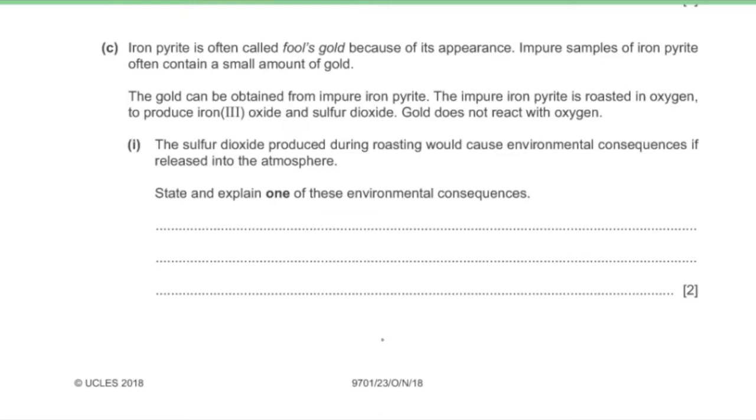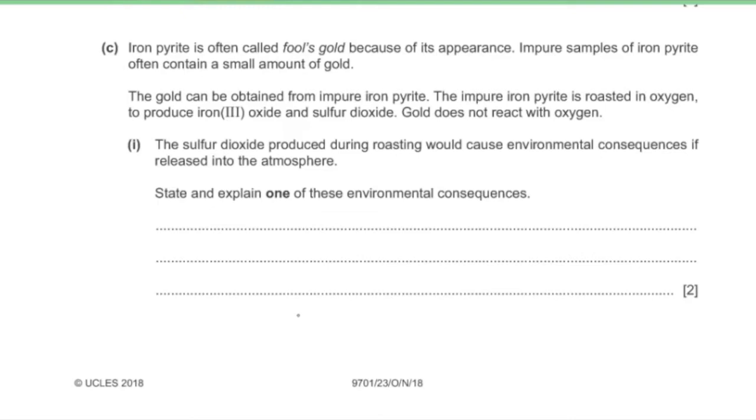So this sulfur dioxide, which forms when iron pyrite roasts in oxygen, will get oxidized to sulfur trioxide by reacting with oxygen, which reacts again with water to form acid rain. This acid rain is harmful to marine animals because it decreases the pH of rivers or oceans, and also to limestone buildings.